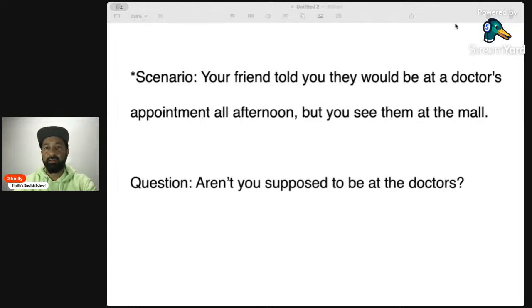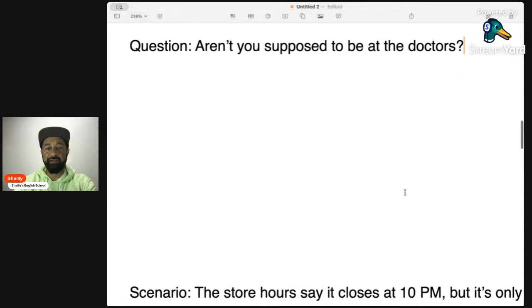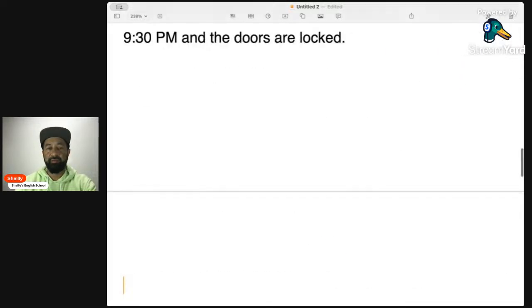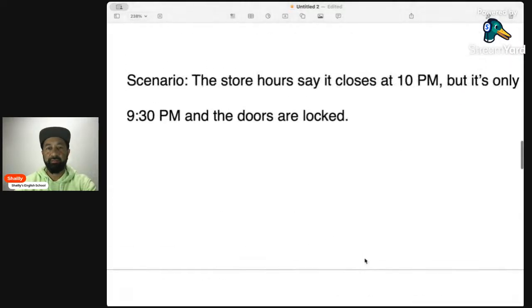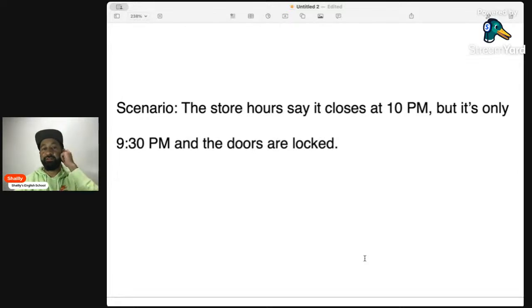All right, so let's look at the next scenario. The next scenario says, the store hours say it closes at 10 p.m. But it's now 9:30 and the doors are locked.